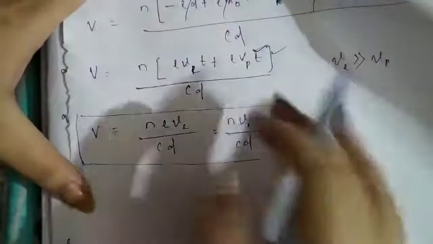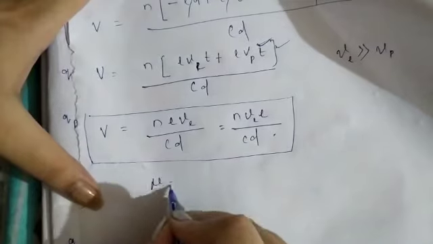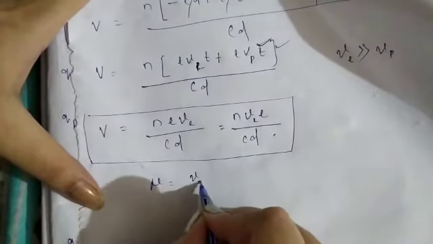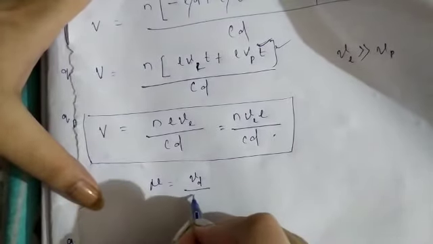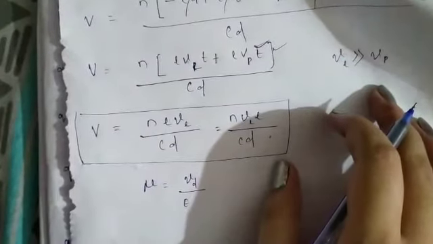Now look at the mobility, where mu is equal to drift velocity divided by the applied electric field.